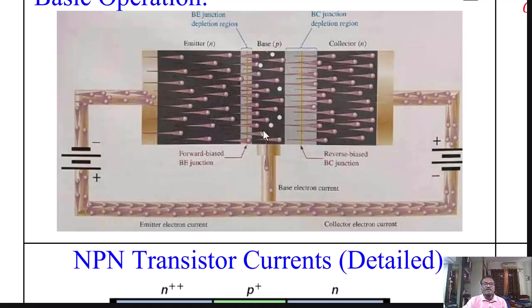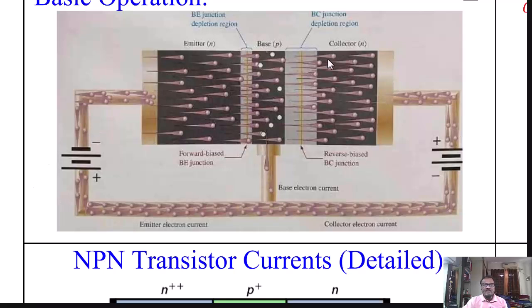The corresponding depletion region of the base to emitter junction is shown, as is the depletion region of the collector to base junction. Since the base to emitter junction is in forward bias, the width of the depletion region around it is smaller, whereas the collector to base junction is in reverse bias, therefore the width of its depletion region is larger, depending on the strength of the collector to base supply applied.